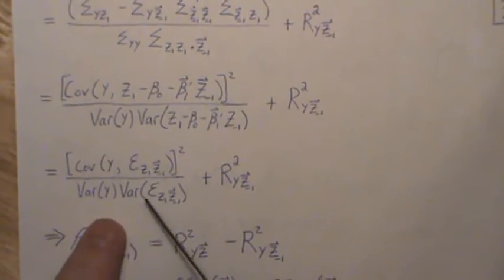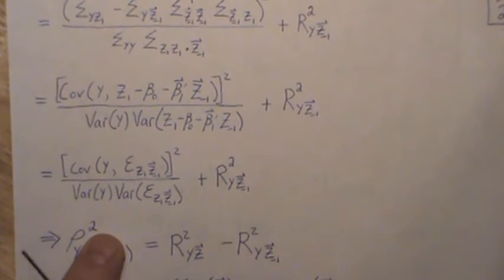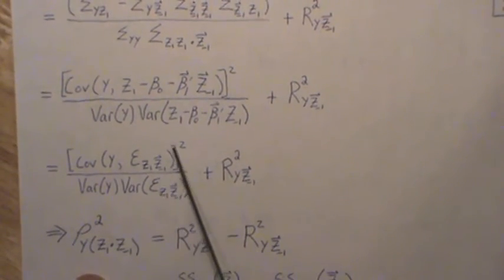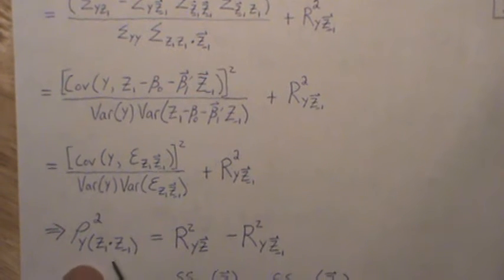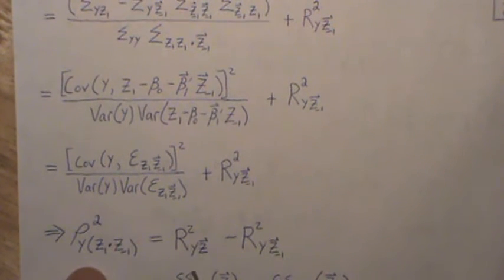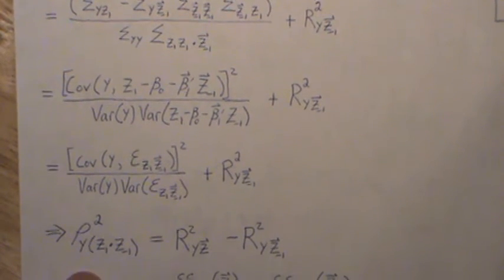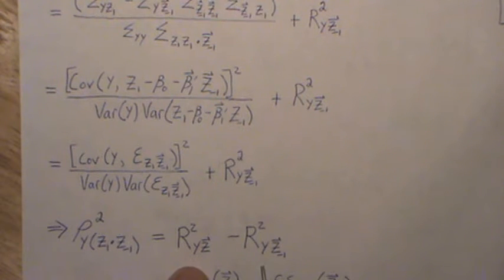And so if we take this, subtract it to the other side, we get the squared semi-partial correlation is equal to the squared multiple correlation minus the squared multiple correlation. So, and this right here we use all the time.